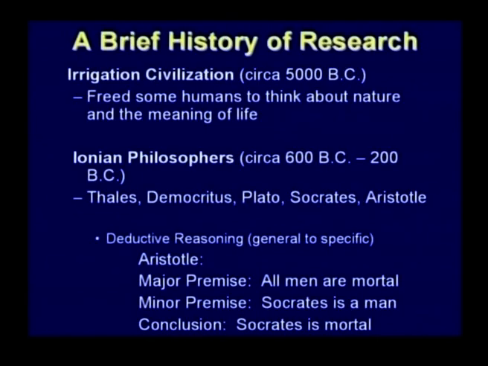Irrigation civilization, about 5000 BC. At that time, some humans started thinking about nature and the meaning of life. Ionian philosophers, around 600 to 200 BC, include names such as Plato, Socrates, Aristotle, whose writings are still considered inspiration for a lot of researchers.